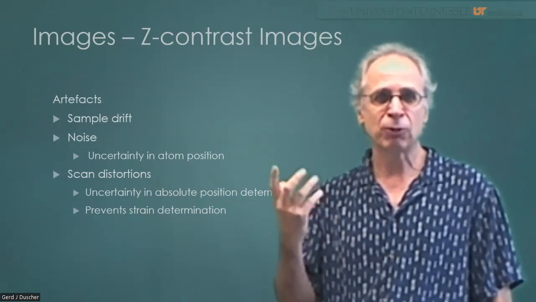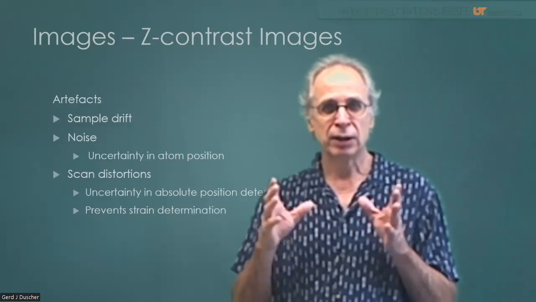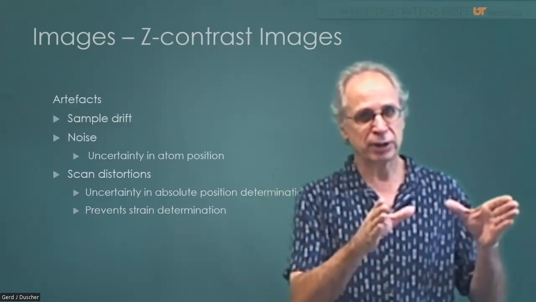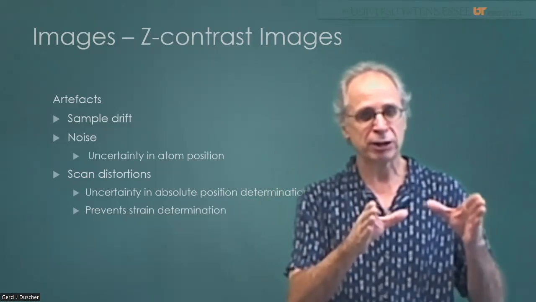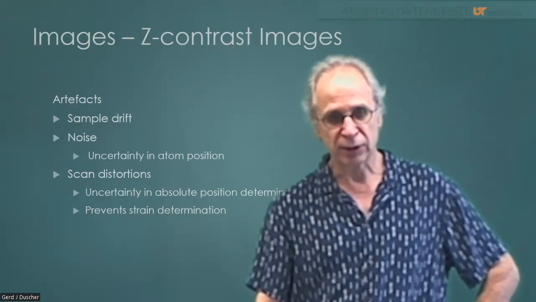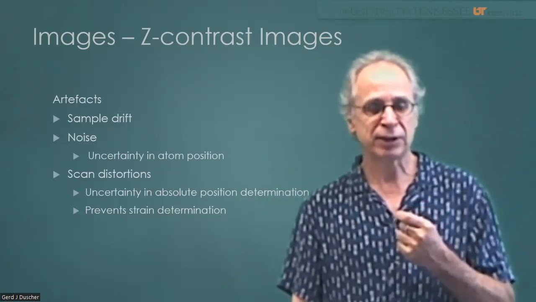So that's what we're going to do today. We are going to take image stacks and try to get the atomic positions as accurately as possible, and we want to determine the strain of an image. And the question is, how accurate can we do it?